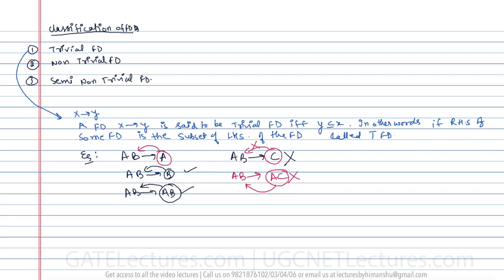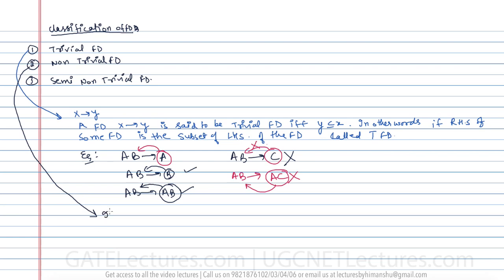The next one is the non-trivial functional dependency. It is the opposite of the trivial functional dependency. Or you can say if a functional dependency is not trivial, then it is non-trivial.